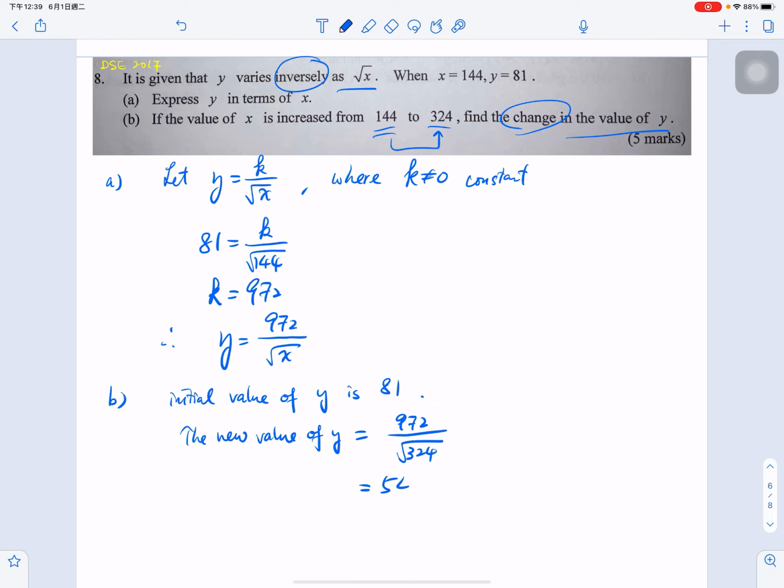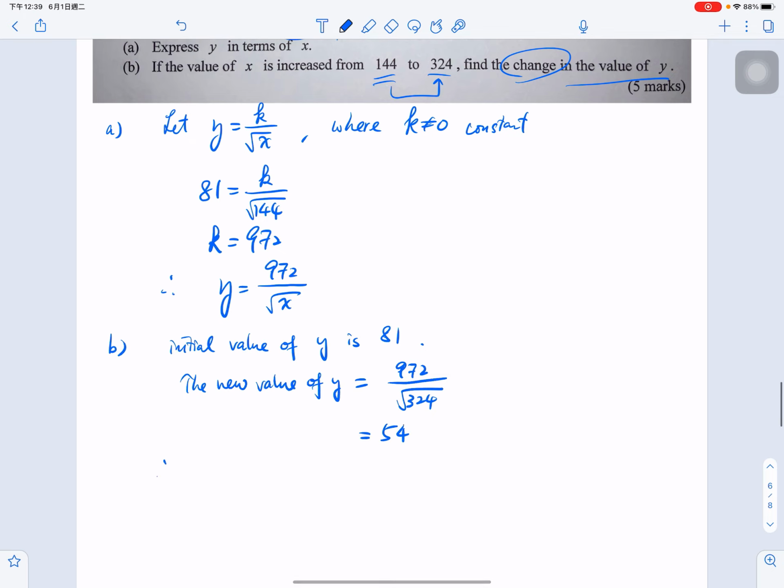So you found that this one is 54. Therefore, the decrease in the value of y is 81 minus 54, so it's 27.